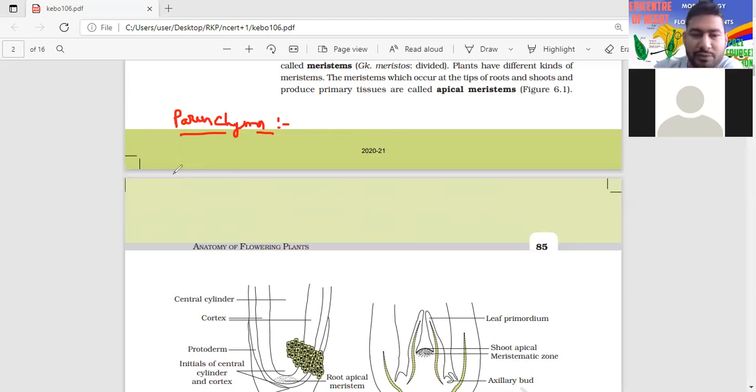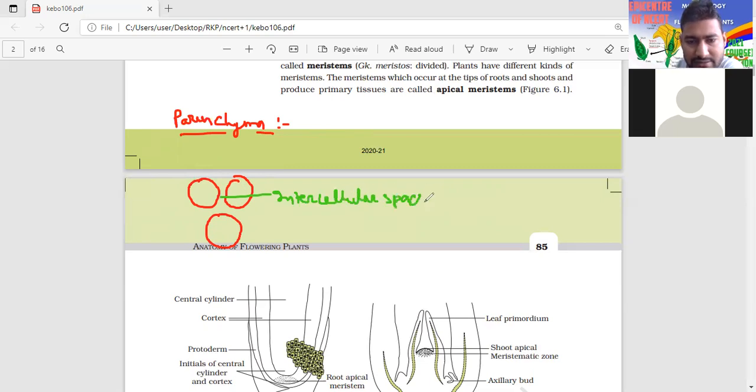Suppose there is one cell, these cells, and here these cells. What we see in these cells is that they have space, and this space is known as the intercellular space. Intercellular space is a very, very important property.